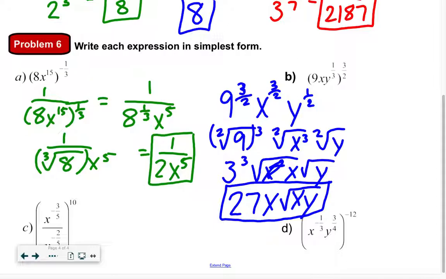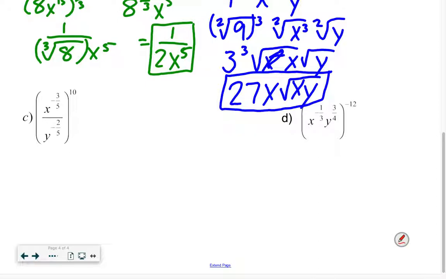The square we can pull out, the regular x we cannot. Questions with B? Okay, C.